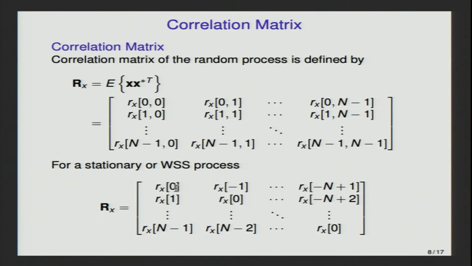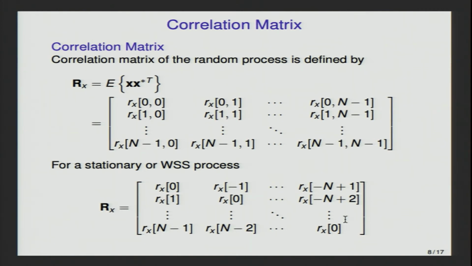If you closely look at it, exploiting this property of symmetry, Rx minus 1 will be the same as Rx1, and similarly across all these lags. Accordingly, you will see all the diagonal elements are the same, which is the signal energy denoted as Rx0. Similarly, the other diagonals, Rx1 and downwards, Rx minus 1 and downwards, are also the same.